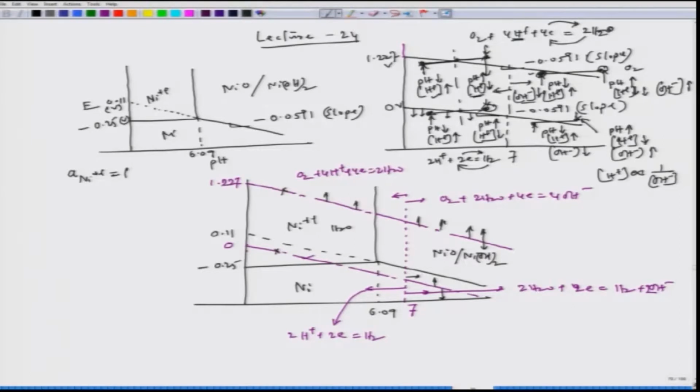So, this is the relation we have, and that is what we have in this particular correlation.